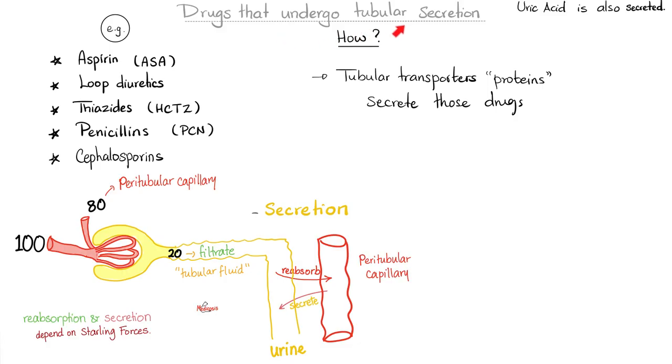Some drugs undergo tubular secretion, which means after they are filtered, we keep dumping more drug into the urine. And this includes aspirin, loop diuretics, thiazide diuretics, penicillins, and cephalosporins, which are antibiotics. How do we secrete these drugs? You need tubular transporters to carry them from here to here. If we need transporters, can someone tamper with these transporters and cause problems?